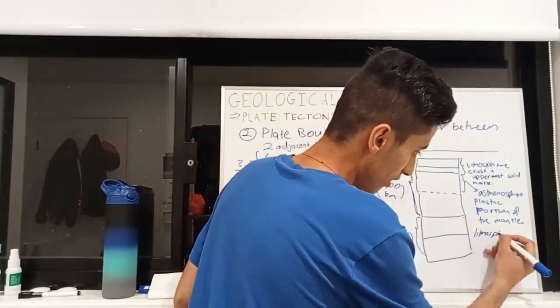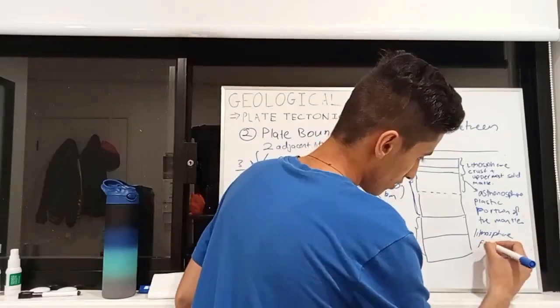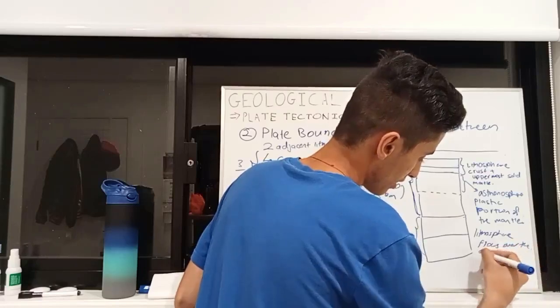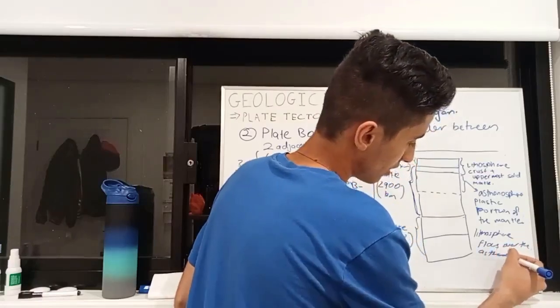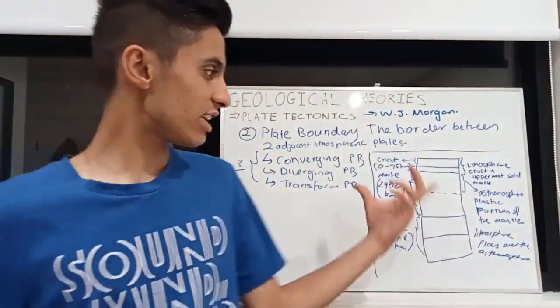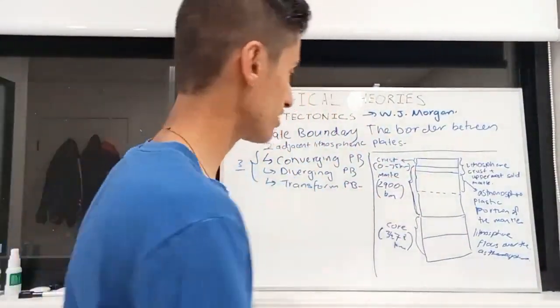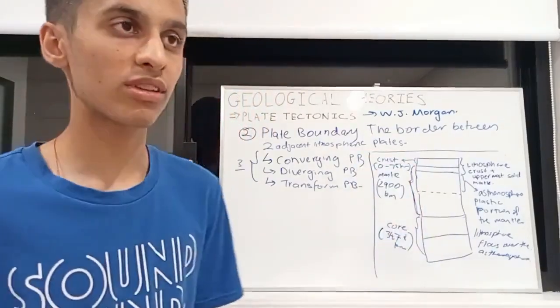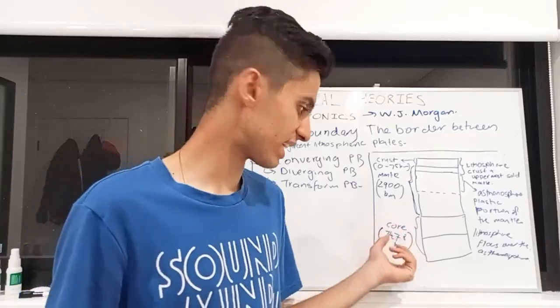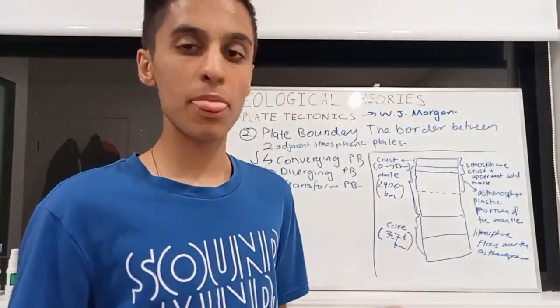So this is the dissection of our Earth, and these are the approximate thicknesses of each of these parts.